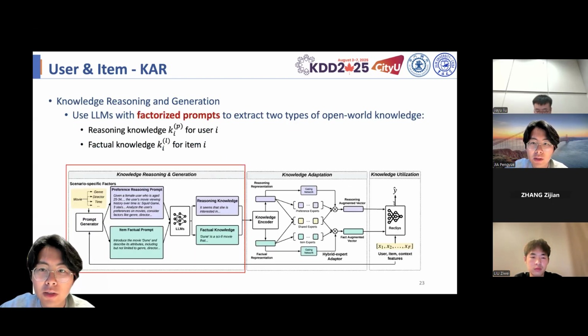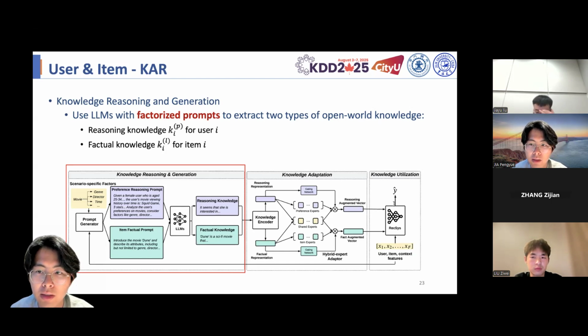The first stage is named knowledge reasoning and generation. This stage is responsible for acquiring open world knowledge from LLMs. Since LLMs struggle with complex composite tasks, here they use factorization prompting to break down reasoning into specific factors, like the theme or director.